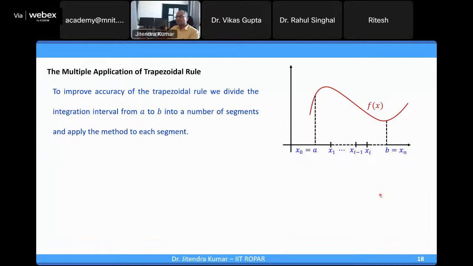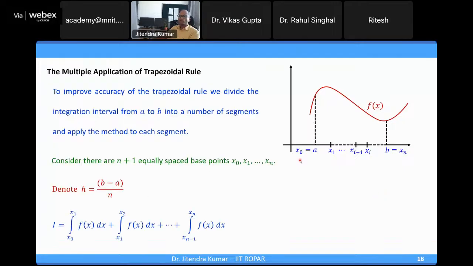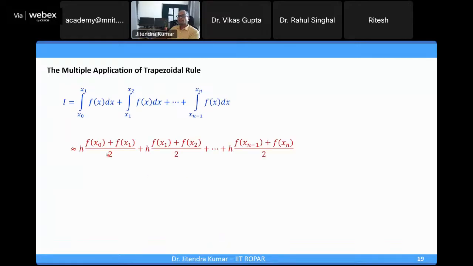And now the original integral, which was from x0, which is a, to xn, which is b, we have rewritten, with the property of the integral, as x0 to x1, x1 to x2, and so on up to x(n-1) to xn. So instead of considering the total interval a to b, we have broken it into small intervals, and now we can apply the trapezoidal rule in each.